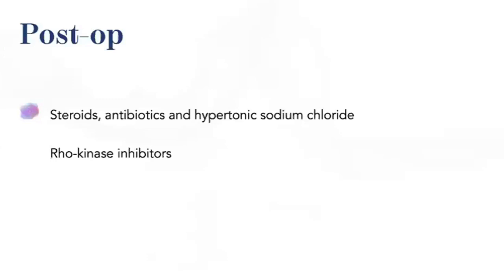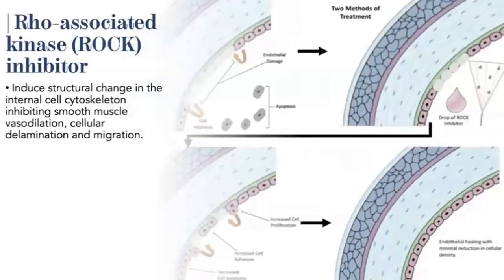The postoperative treatment should include topical steroids, antibiotics, and hypertonic sodium chloride. But recent studies have shown that Rho kinase inhibitors can increase endothelial cell proliferation, and they have shown better outcomes. So what are the ROCK inhibitors? They have been demonstrated to aid in the repopulation of the human corneal endothelium.